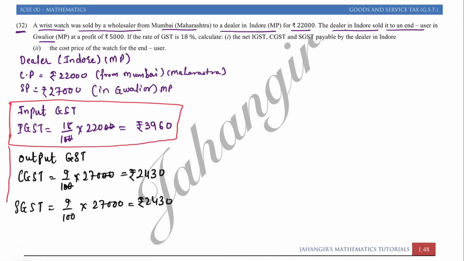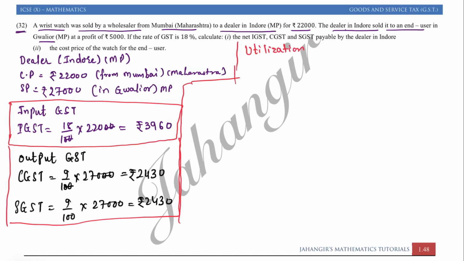So now we will see how utilization of tax takes place. Utilization of ITC. ITC is input tax credit of rupees 3960.